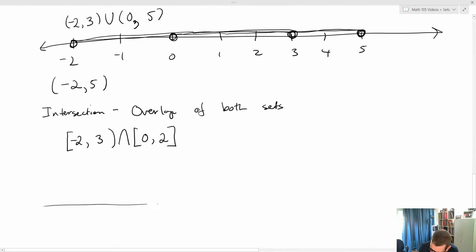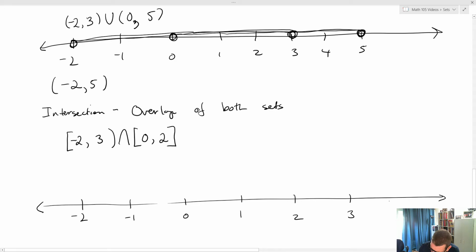Now if I draw my picture, I'm going to use some different colors to help me out. I've got -2, -1, 0, 1, 2, 3, and we'll go up to 4. We start with -2, that's a closed bracket, and it goes up to 3, which is an open bracket.